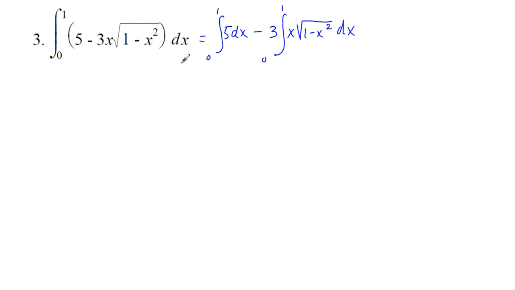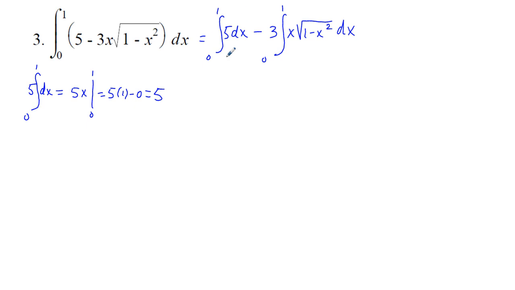So this little piece here, from 0 to 1, put 5 out front, dx is equal to 5x from 0 to 1, which equals 5 times 1 minus 0, which equals 5.